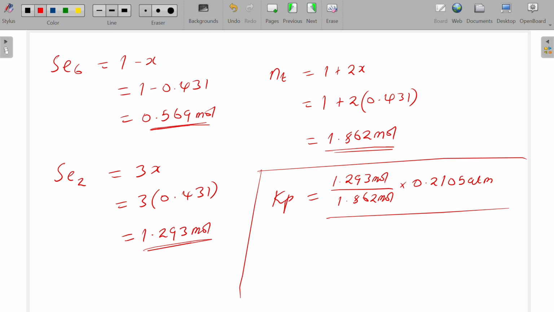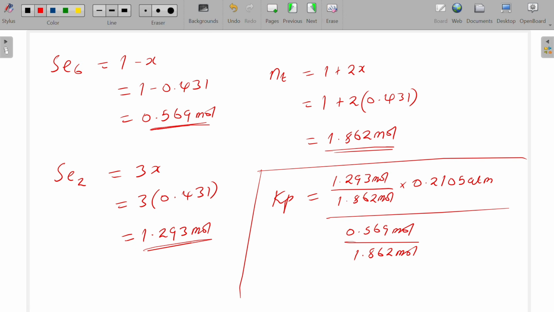And then this whole thing is going to be divided by, we have 0.569 moles. That will divide by the total number of moles that we have, again, which is still 1.862 moles. Just write that clearly.